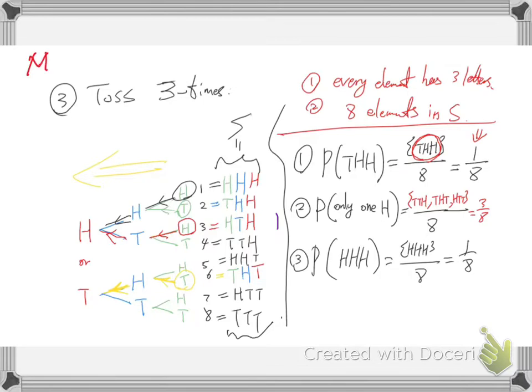You have to make an ordered list. This is the example where we are tossing a coin 3 times. Each time we got either H or T, right?